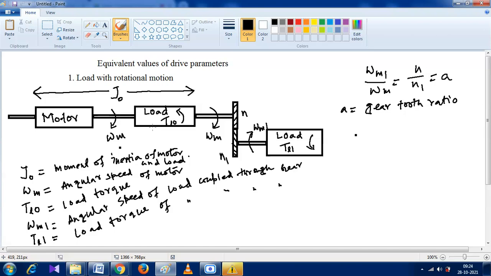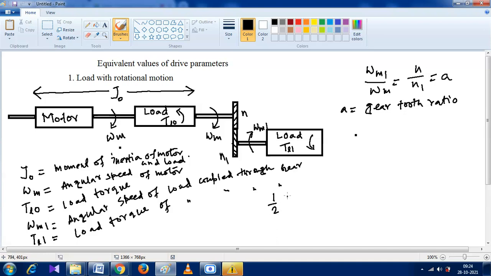It is similar, or you can say analogous, to the linear system. The formula is half J omega square.